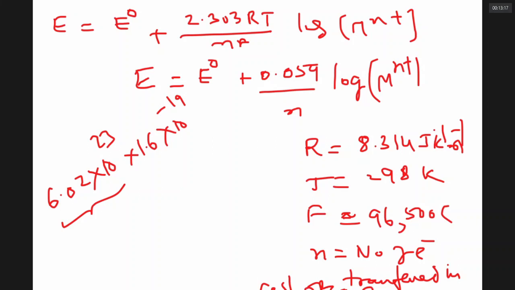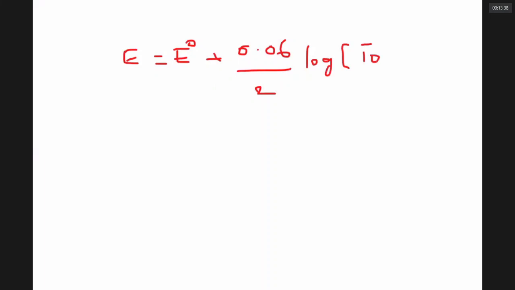If I take the value of R, the value of T, and put the value of F, it will become 0.059 by N. 0.059 can be approximated as 0.06, so E is equal to E0 plus 0.06 by N, here N is equal to 2, into log of concentration of zinc ion. Are we clear?